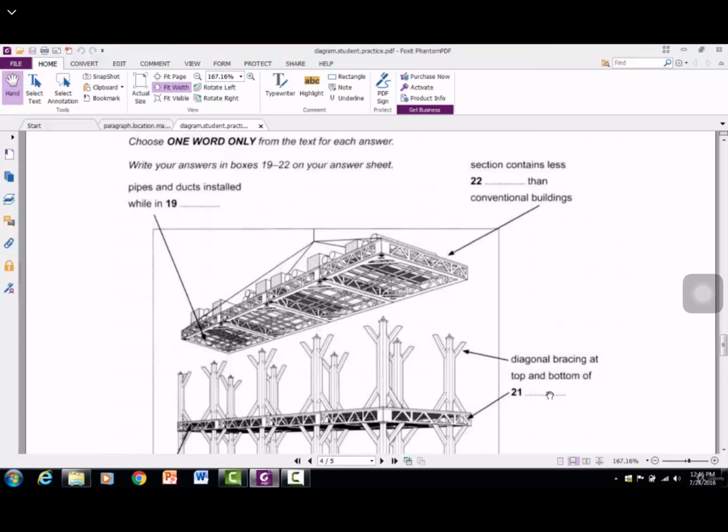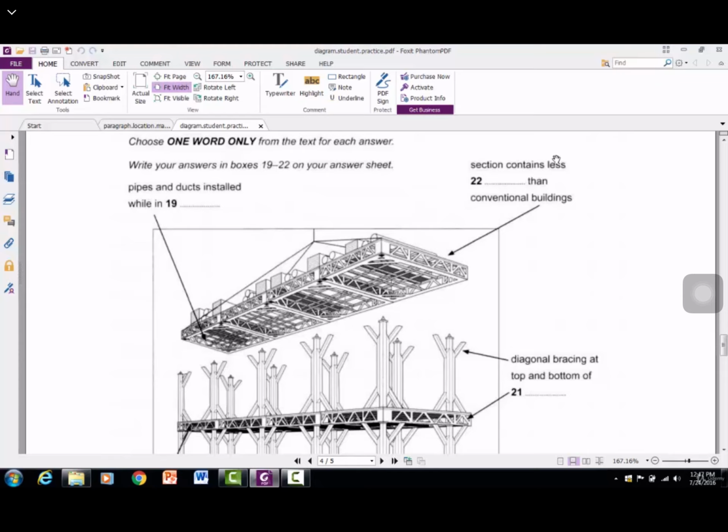So you see it's reversed, and you have to be aware of that. The correct answer is top and bottom of column. However, the passage says there's a column at each end, a column at the top and the bottom. So the word order is reversed. It's important to be aware that it does not have to come in the exact same word order that is written.